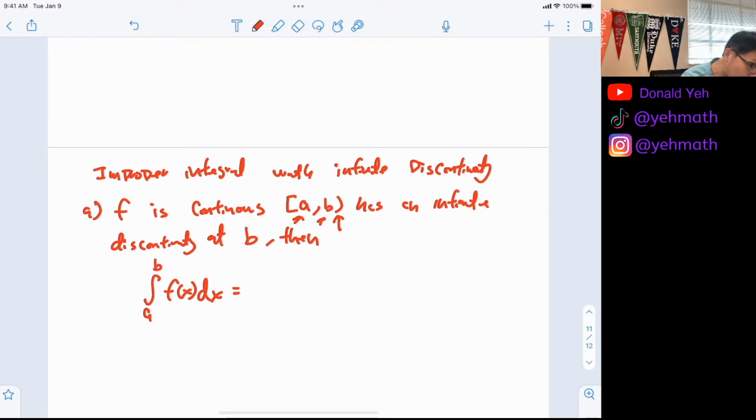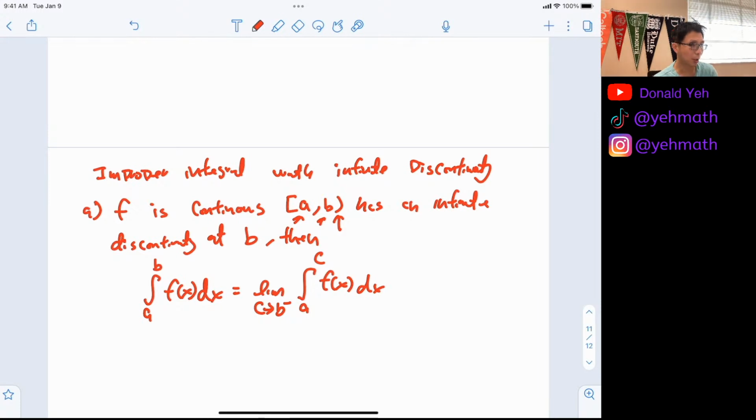So you're going to say the limit as c approaches b from the minus side. Why b minus? Because you're approaching from the left side, of a to c of f of x dx. So sometimes you can reach that one-sided limit: instead of b approaching infinity, you can also approach one number from the left side or one number from the right side.